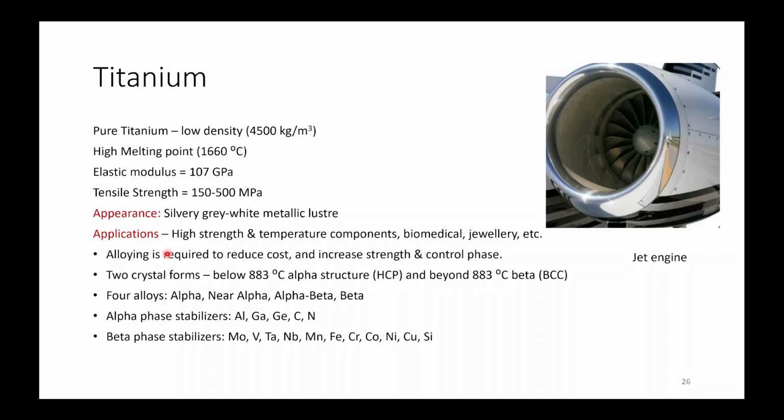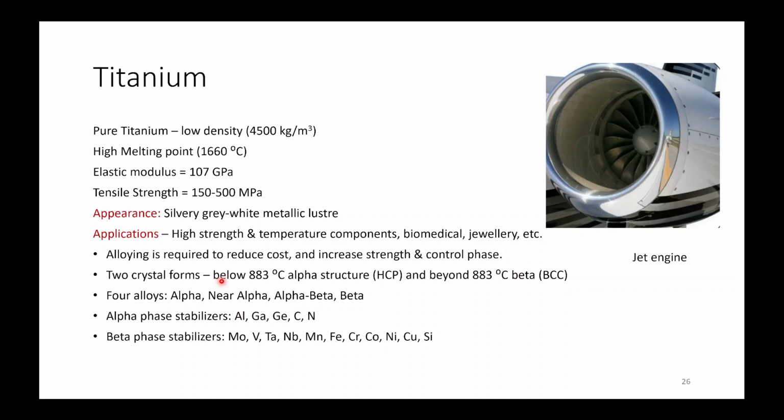Alloying is required to reduce cost, so we avoid making any component entirely with titanium because it is very expensive. Strength can also be increased with alloying, and it controls phases. As we know, in titanium there are two phases.